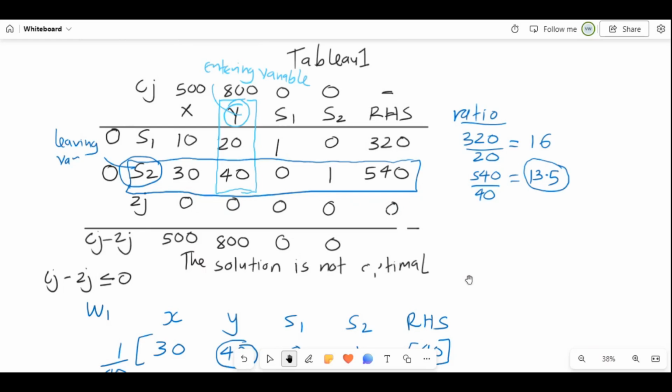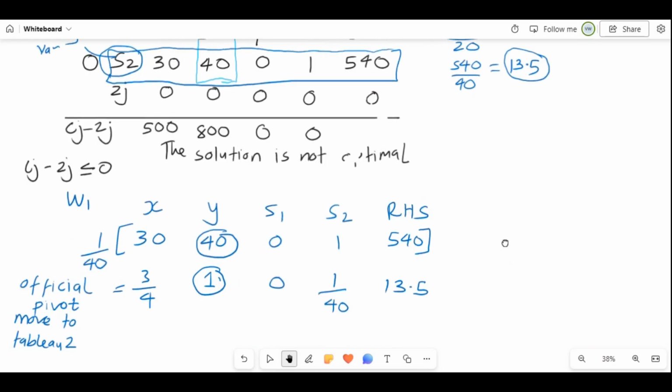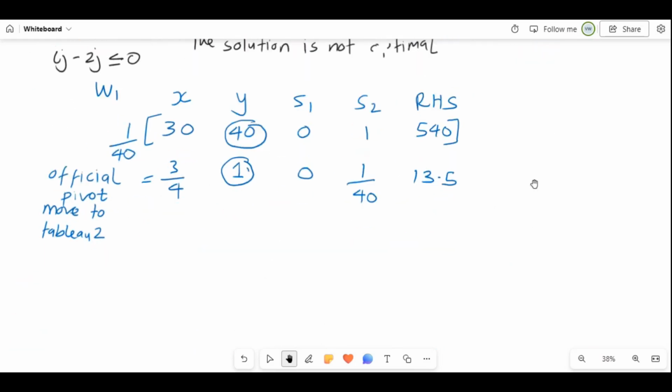And the other possible reason for that is that we don't want to interfere with the structure. And the best way of not interfering with the structure is using the official pivot row as a basis. So let's do our second adjustment. And let me call this working 2.